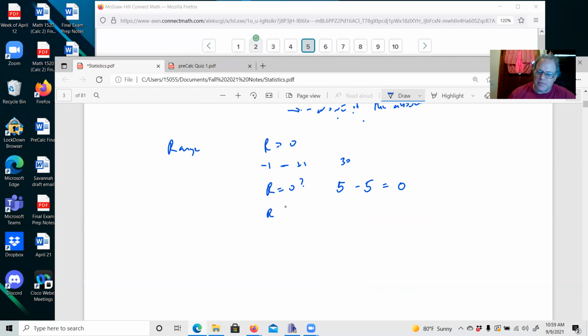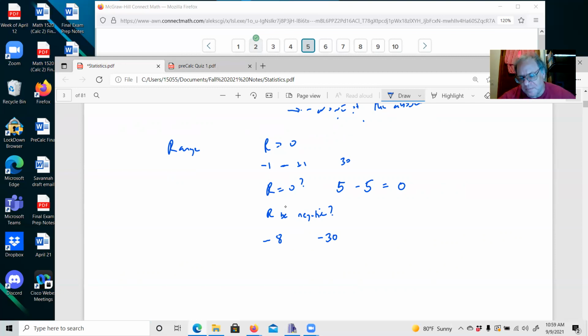Can range be negative? Well, what if you were taking temperatures? Could the range be negative? So what if we have the two extreme values, -8 and -30.